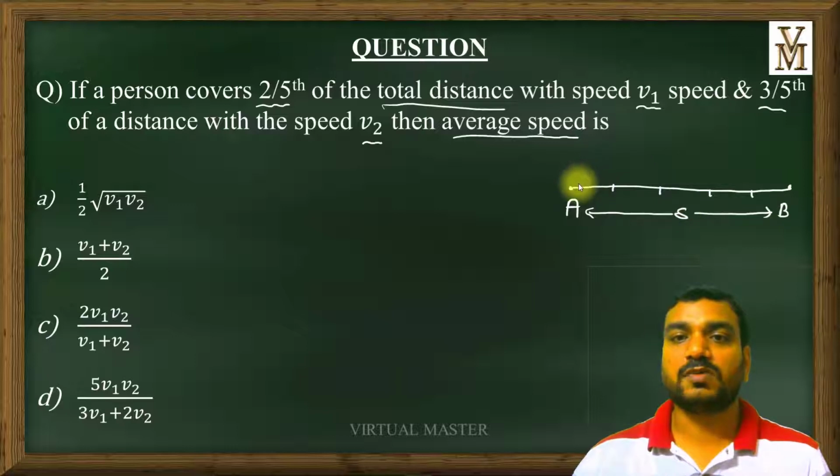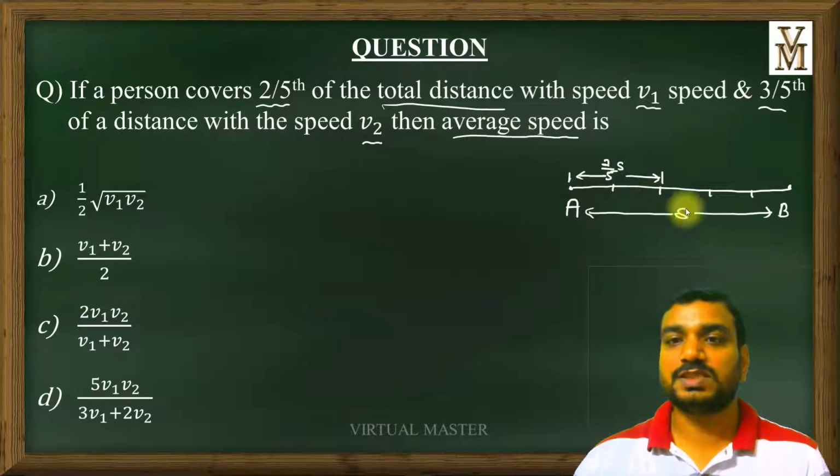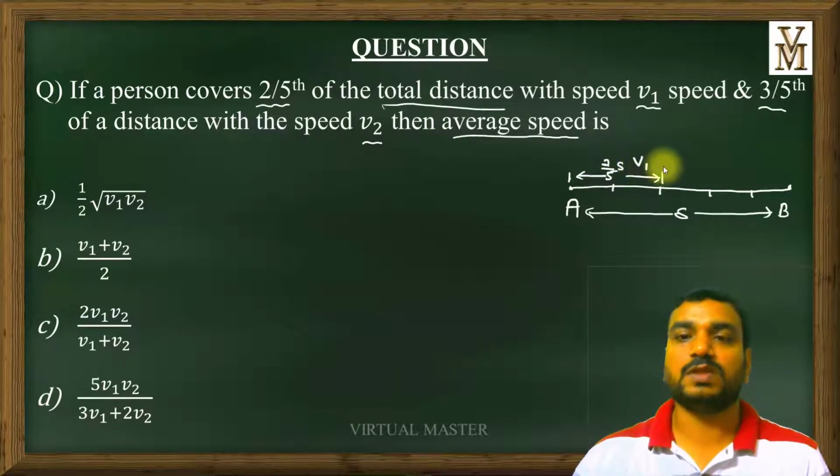He is covering 2/5 of the total distance with speed v1, that is, the person will be moving from point A to this point with a speed v1. The distance between these 2 points is equal to 2/5 into S, isn't it? 2/5 of the total distance means 2/5 into S, and to cover this distance he is moving with a speed v1.